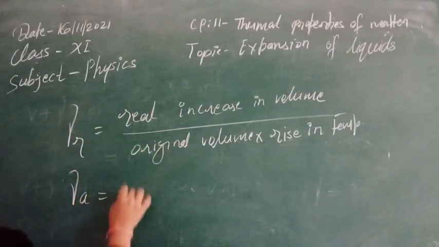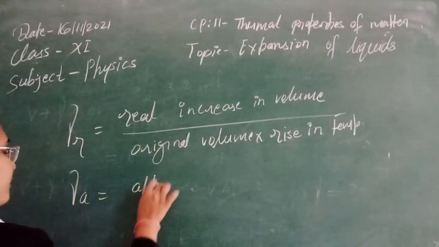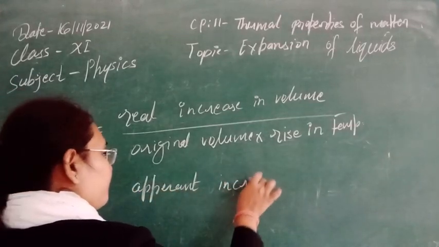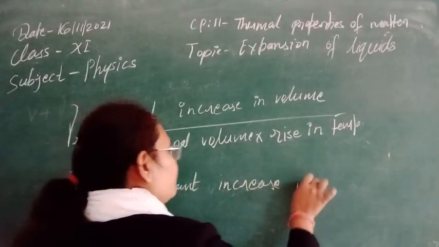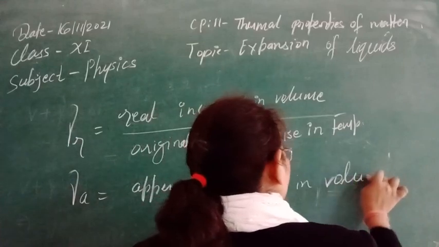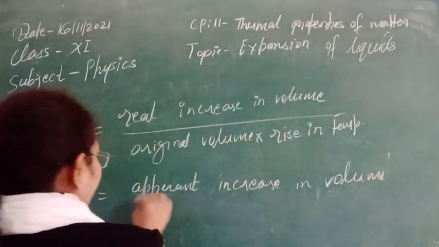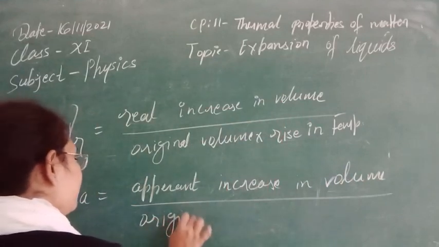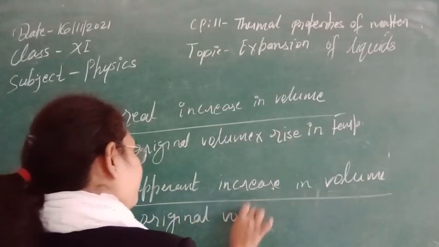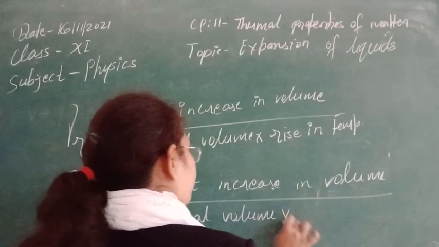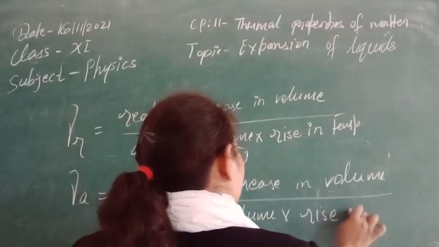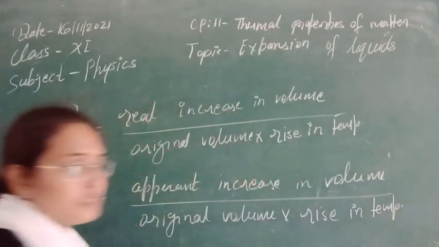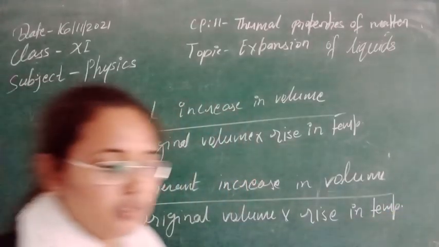So gamma a is the apparent increase in volume divided by the original volume into rise in temperature. This is the whole thing about this one.